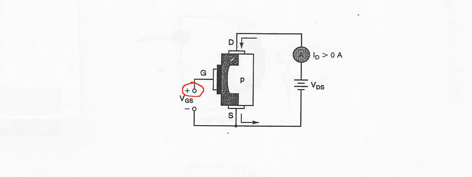And that is going to attract electrons, which are the majority carriers in the N-type. So it's going to attract them into the channel region. Maybe a simplistic way is you kind of think of it as pushing back the P region even. But the positive voltage at the gate is going to widen the channel. In fact, it's going to open the channel because no channel existed with 0 volts.